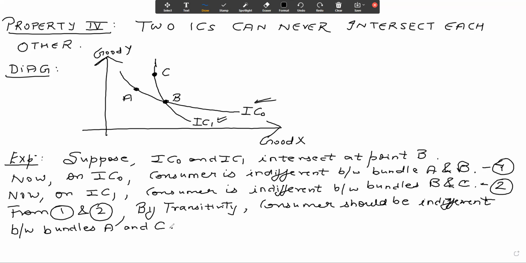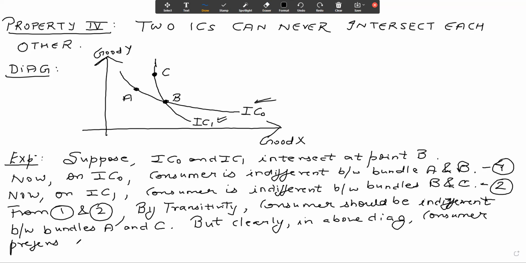The important point to understand here is, if the consumer is indifferent between A and B, and indifferent between B and C, by transitivity the consumer should be indifferent between bundles A and C. But clearly in the above diagram, the consumer prefers bundle C over bundle A. Why?